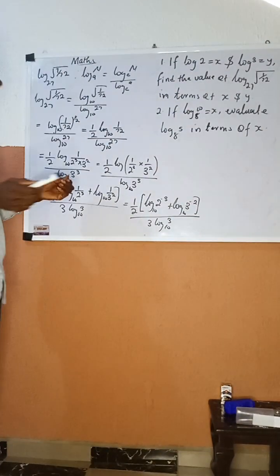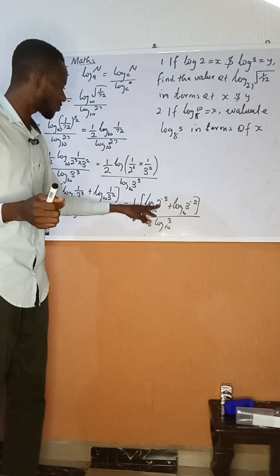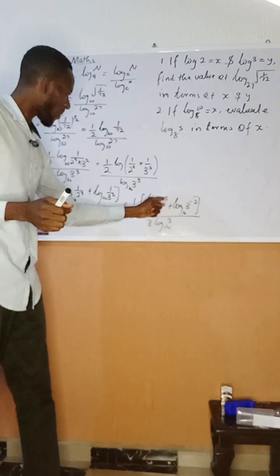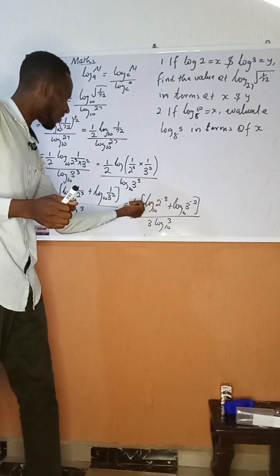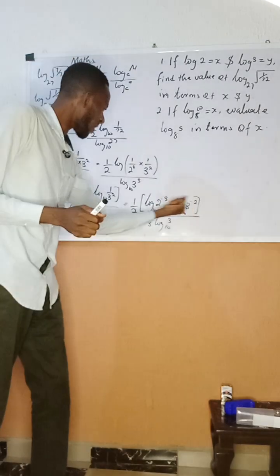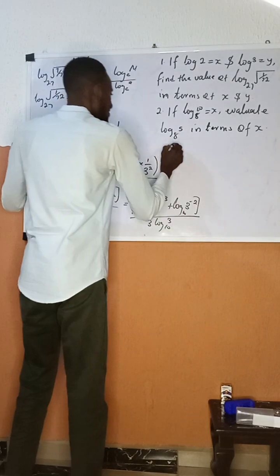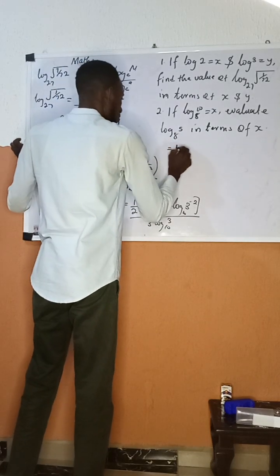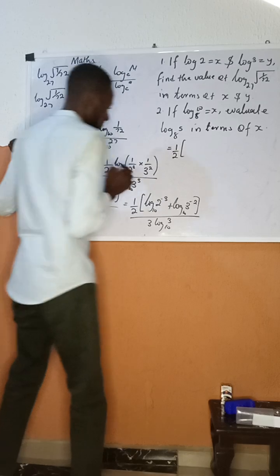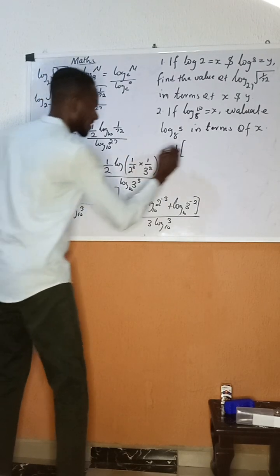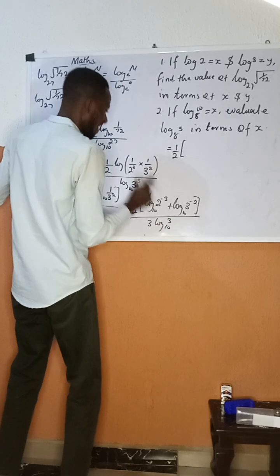So what I'm going to do now is, I am seeing log of 2 base 10 here and log of 3 base 10 here. This is a power, and I can use that power to multiply the entire log. This is also a power, and I can use it to multiply the entire log. By doing so, this problem becomes: this equals 1 over 2, open a bracket. In place of this thing, I have the power to be minus 3, so that minus 3 comes down to multiply the entire log.